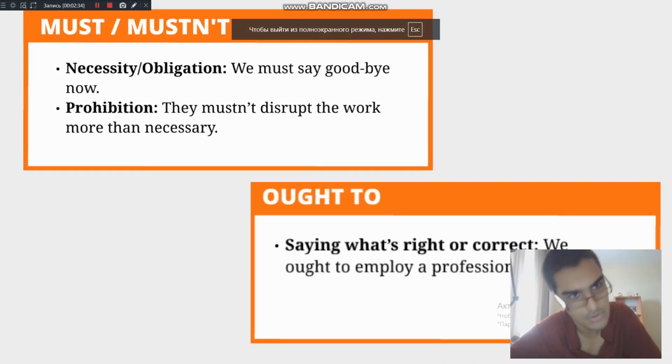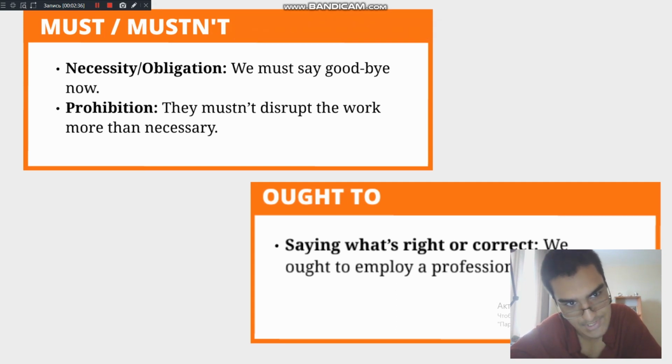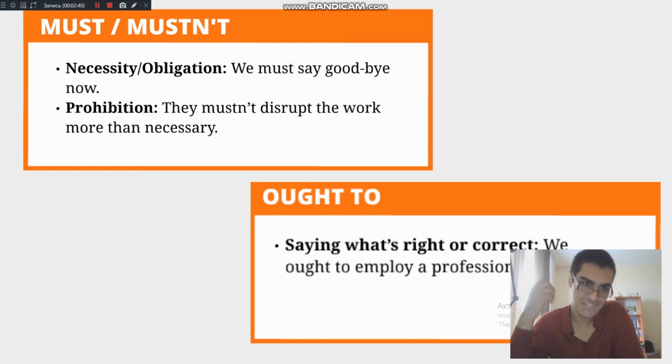So the most important modal verbs are must and ought to. Must is a fundamental modal verb which expresses necessity. You must go to school, you must go to university, you must get a job, you must get a credit.